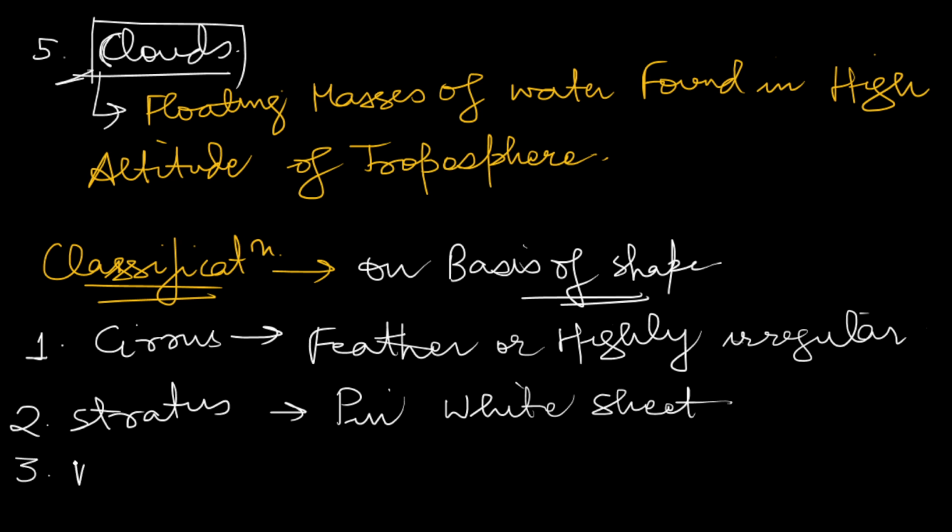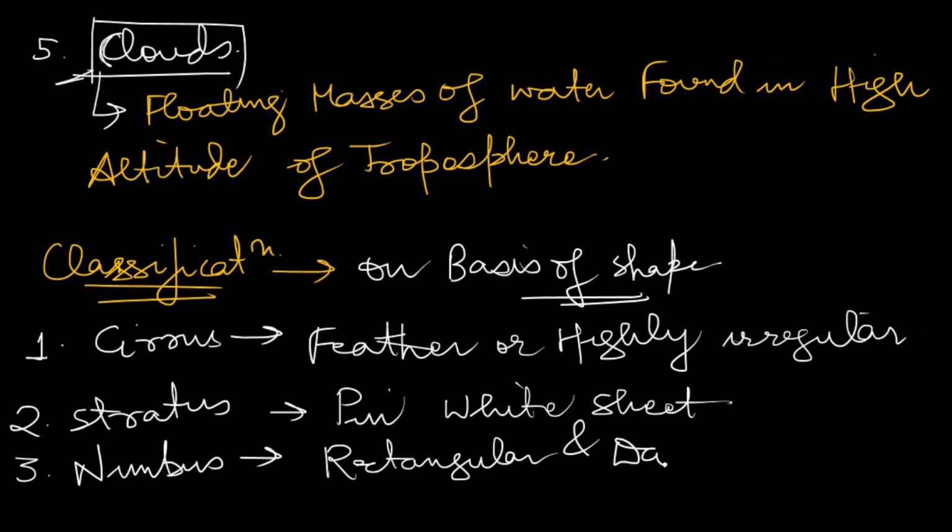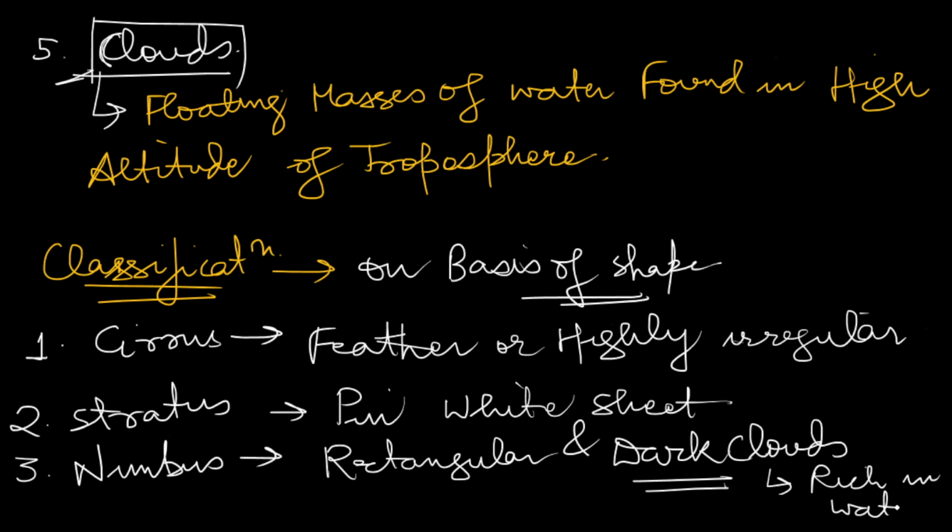Next, we have nimbus clouds. These are rectangular and dark clouds. Whenever you see clouds that are dark in color, there are high chances that they will be rich in water content.